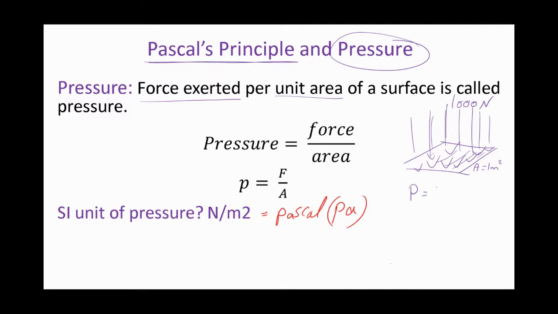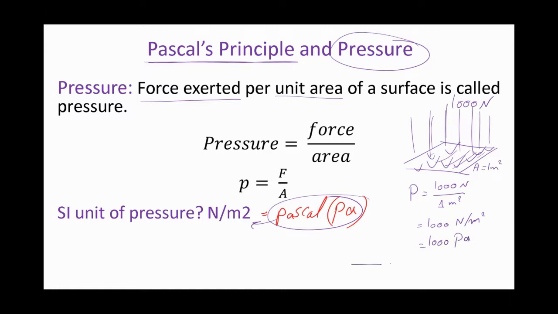The pressure is the force, 1,000 Newton, divided by the area, 1 square meter. It gives you 1,000 Newton per square meter. Newton per square meter, we call it Pascal. So it's 1,000 Pascal.